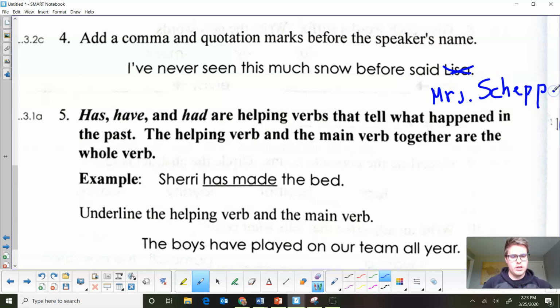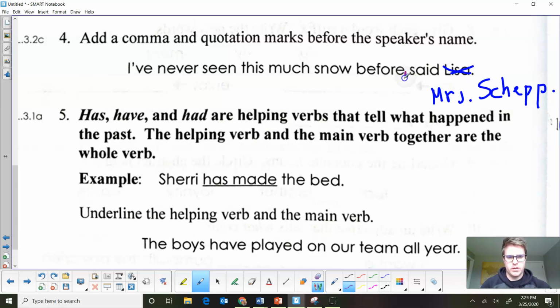Okay, so where does my comma go? Well, the comma goes before or after said. Yeah, it goes before, right? Said Mrs. Shep is the part that comes after the comma.